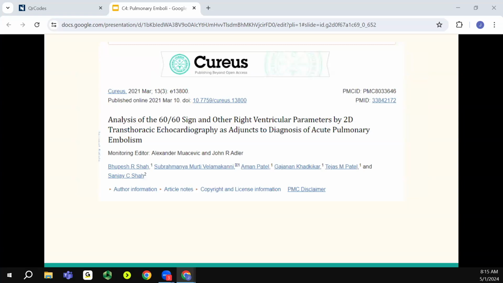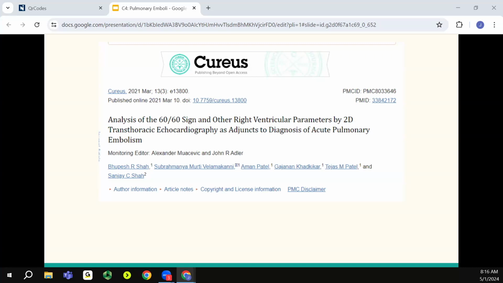So this is an article that was published in 2021, and this was a prospective observational analysis of patients who had suspected PE. This is in the emergency room. The way they did this is that if a patient was suspected of PE, they got a TTE prior to their CTA, and then compared the two, as you know, the CTA being the gold standard.